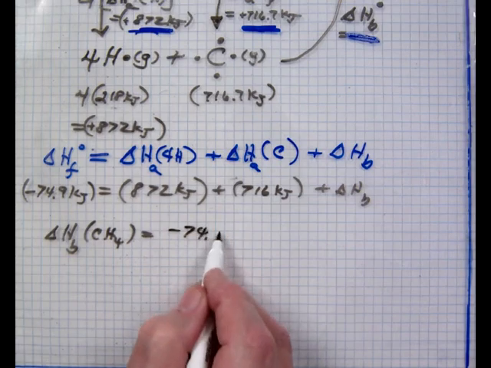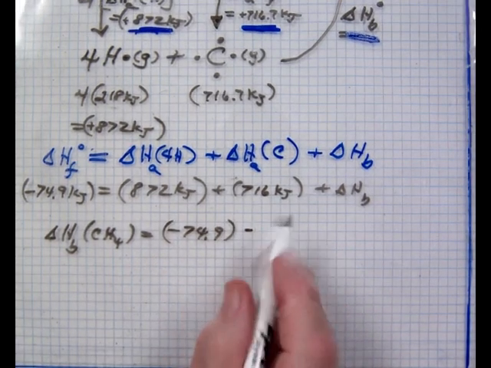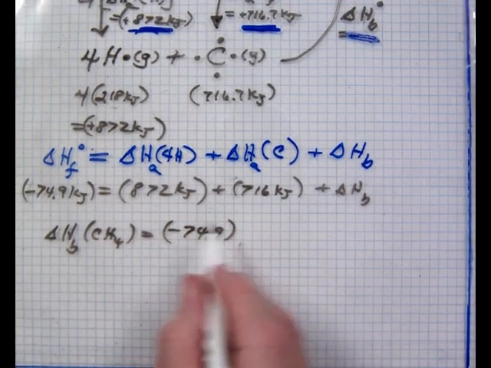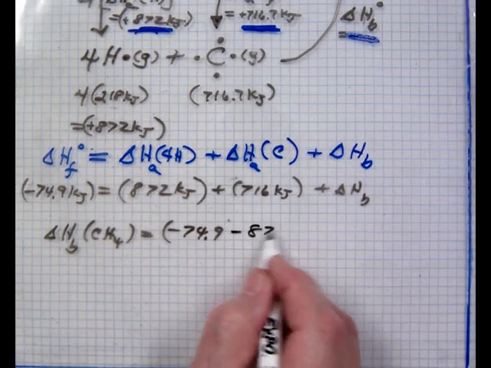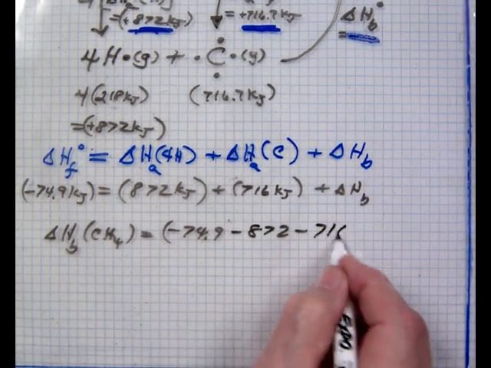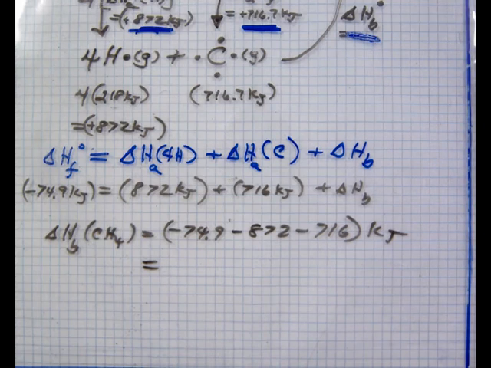minus 74.9 minus, well, transposing over, it's all going to be negative. Okay, minus 872 minus 716, it's all going to come out in kilojoules, if I've done this right.